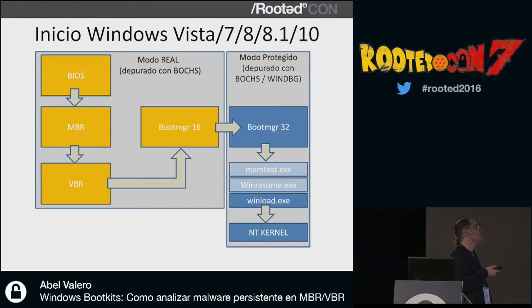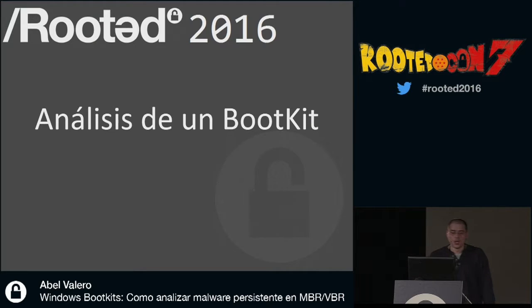If something is hibernated, Windows Resume will perform the necessary functions for Windows to use the NT kernel. I'm speaking very quickly. This is how a system launches and boots since we pressed the button on the computer.